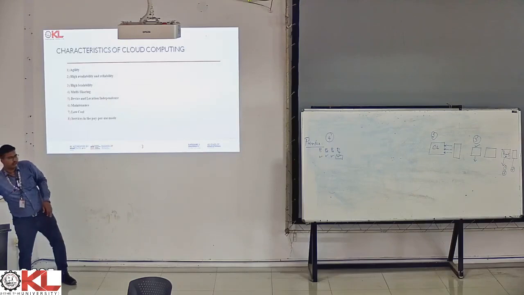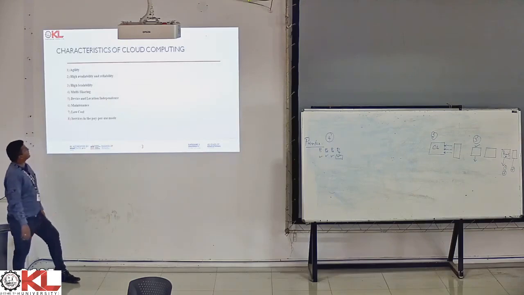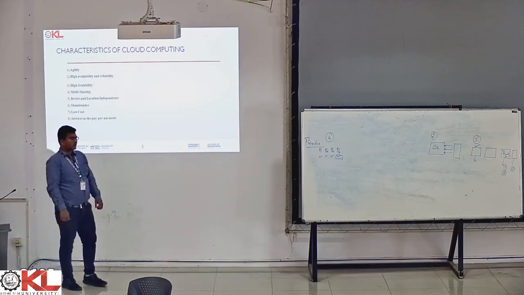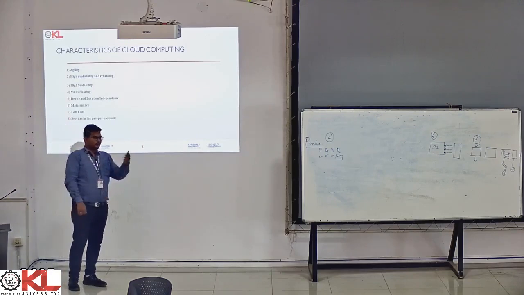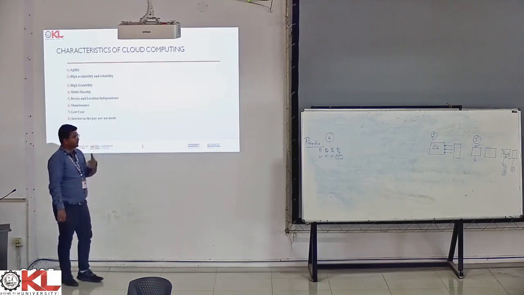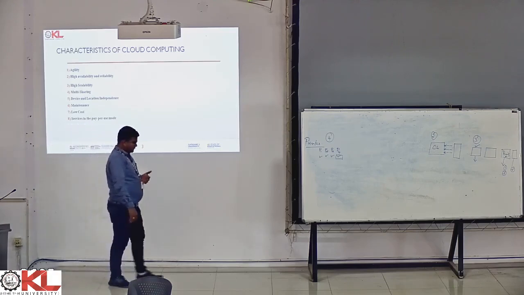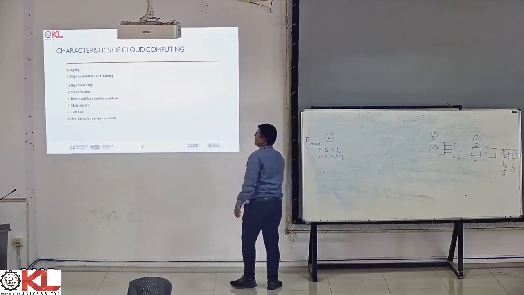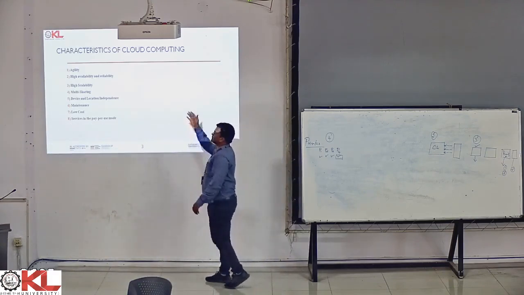There are a few characteristics to consider before we go for cloud computing, patents or proprietary software, right? If someone wants to get cloud computing, they must follow the characteristics offered by cloud computing.